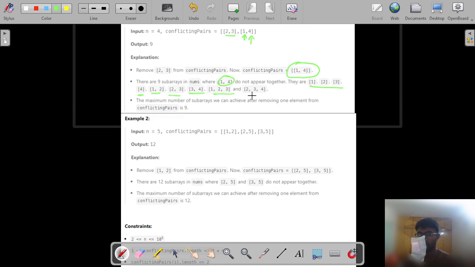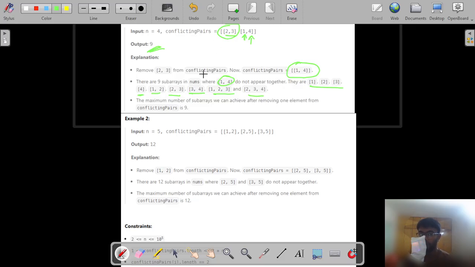That's the whole expectation, and this is the number that is expected. So we count here: 1, 2, 3, 4, 5, 6, 7, 8, 9. These are the number of subarrays, right? So the problem is expecting the maximum number of subarrays we can achieve after removing one element from conflicting pairs.